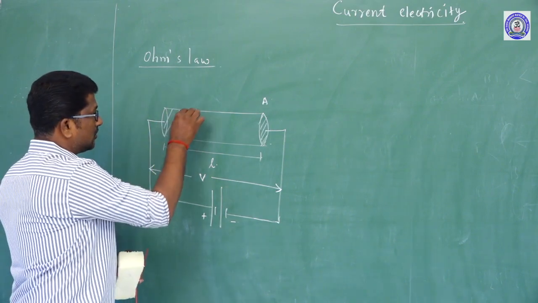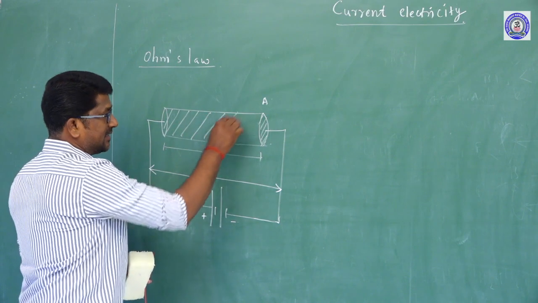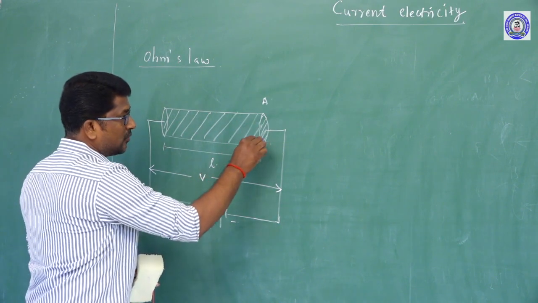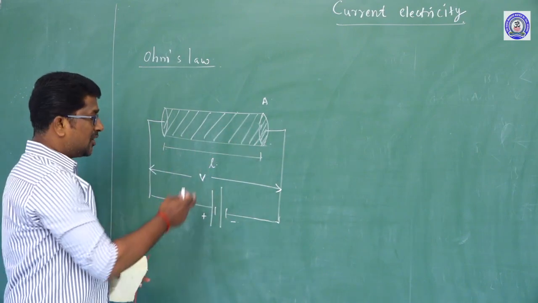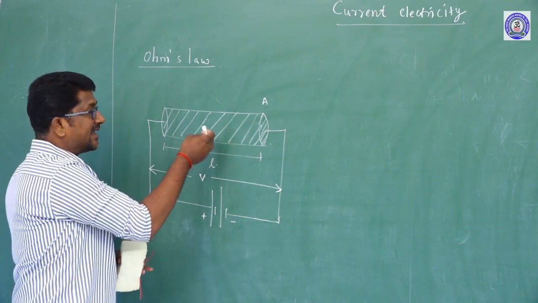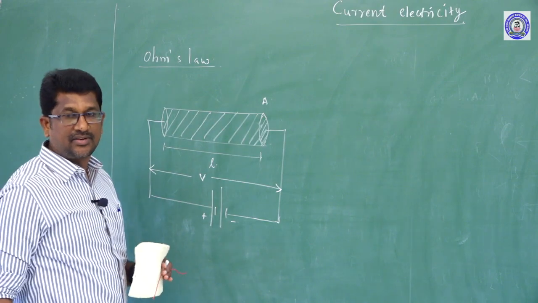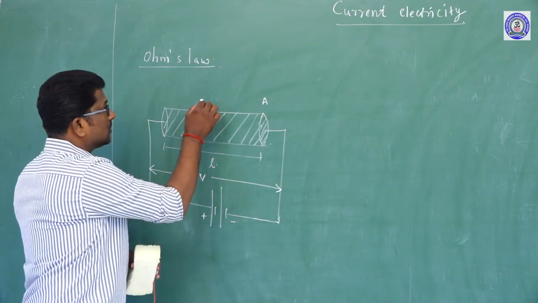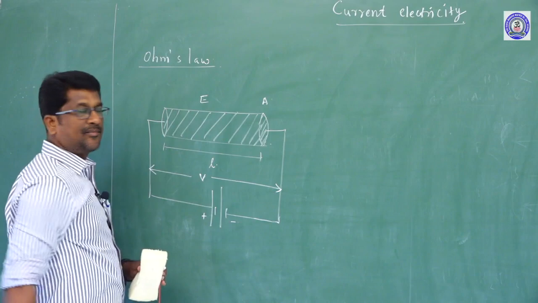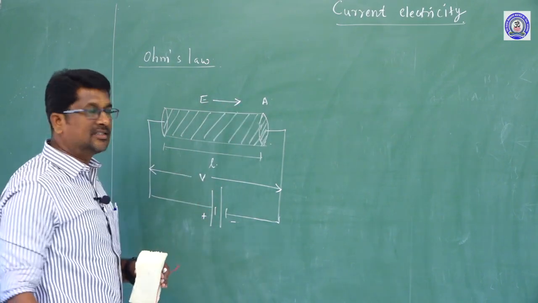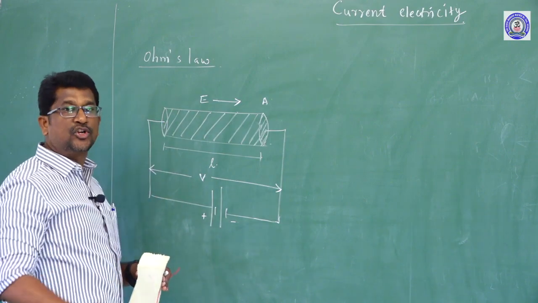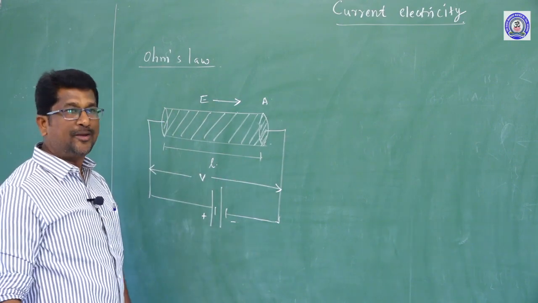Let it be E, and this electric field is always directed from the point having higher potential to the point having lower potential.